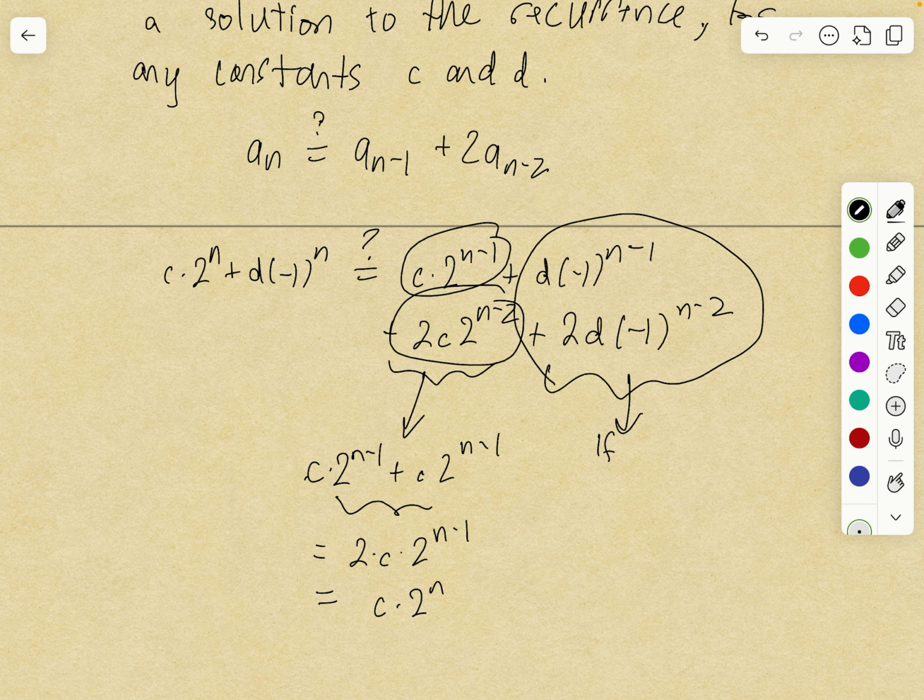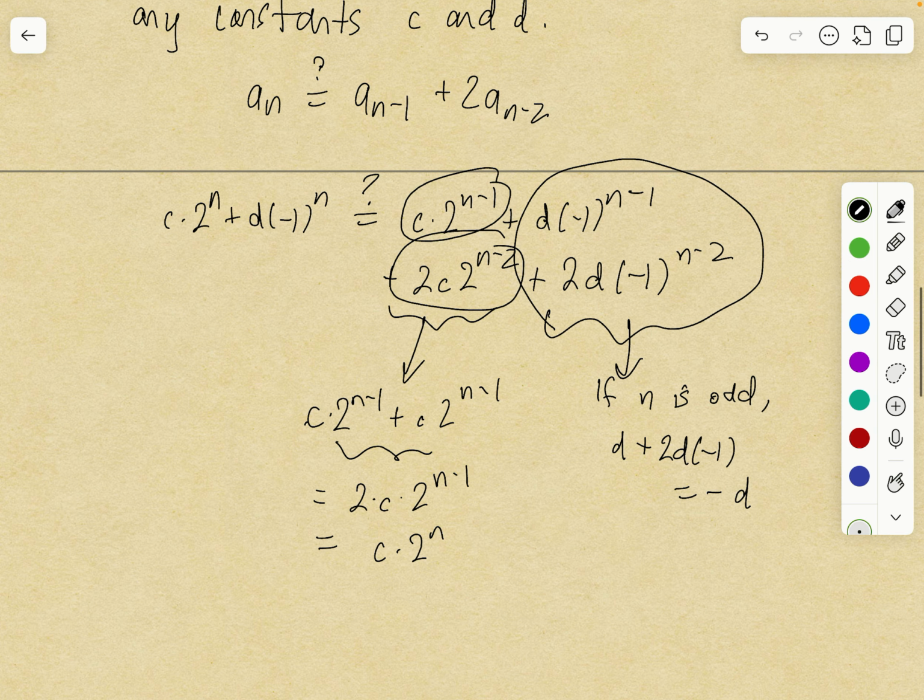Because if n is odd, then n minus 1 is even, so you just get d plus 2d times negative 1, which is negative d, and that matches with the left side.